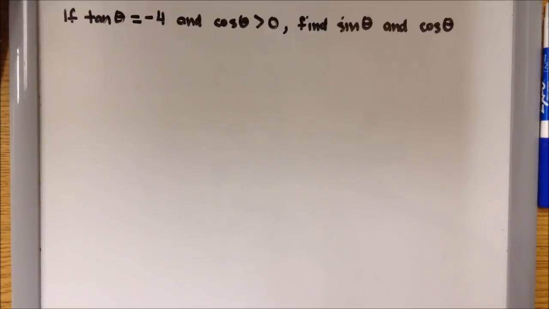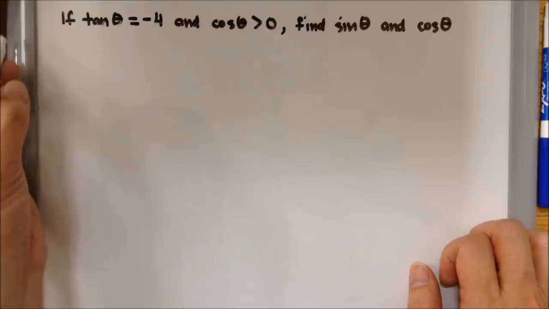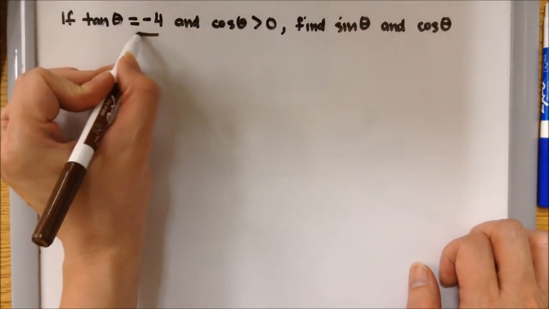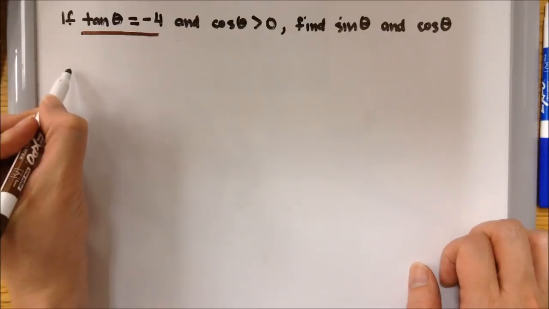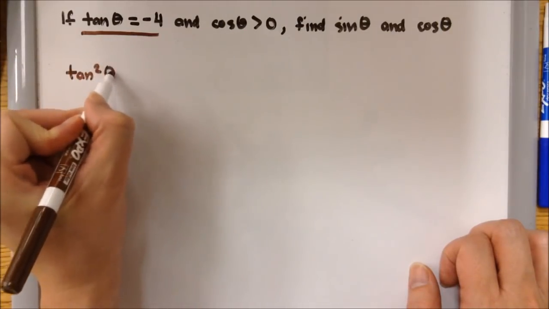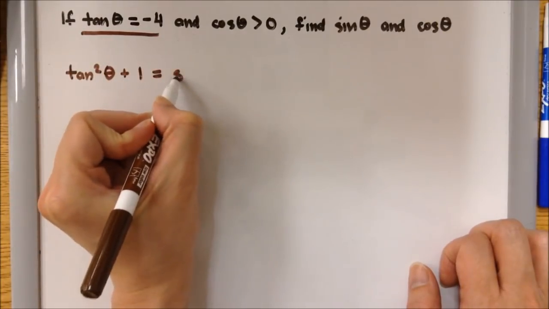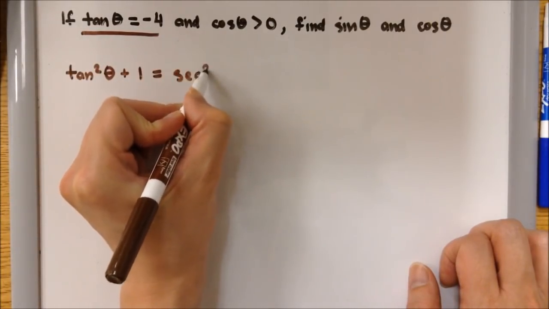So again, the only Pythagorean identity you're going to use is the one that has tangent or given tangent. So tangent square theta plus 1 equal secant square theta.